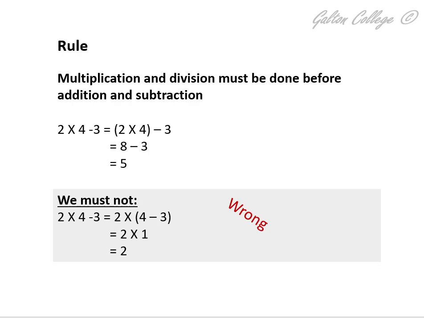Now we're going to come to this one again in other related videos. But there's a rule here. Multiplication and division must be done before addition and subtraction. You should remember this. This is important. Well, it's all important, but this one crops up a lot. If you look at this expression here, 2 times 4 minus 3.